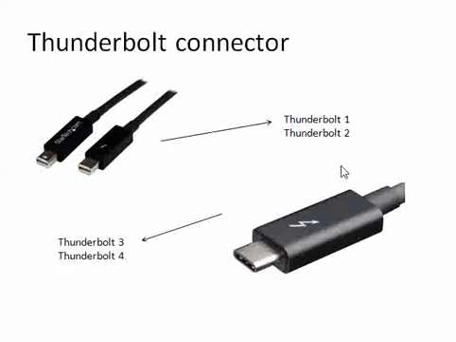As we mentioned, right now we are at version 4 of Thunderbolt. The initial versions, Thunderbolt 1 and 2, have the mini DP connector. Now you see the USB Type-C kind of connector here. The latest versions of Thunderbolt connectors look exactly similar to the USB Type-C connector.